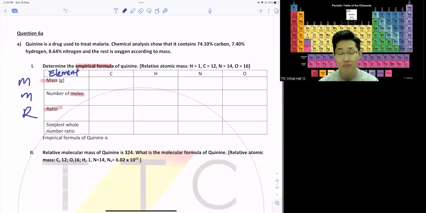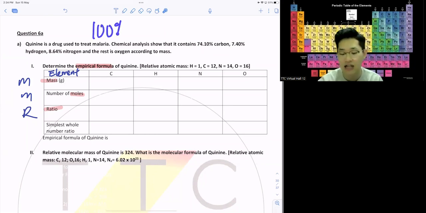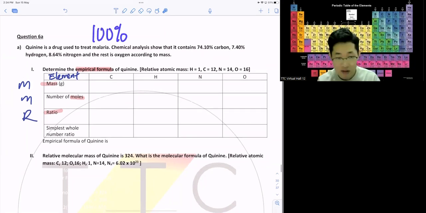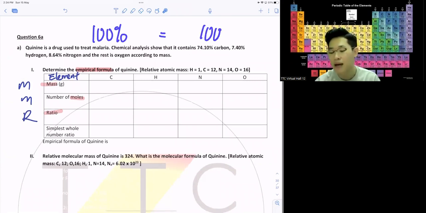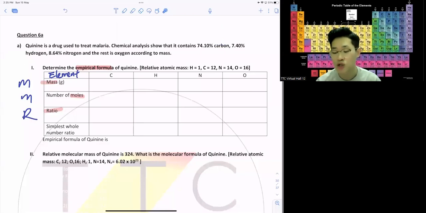So how to find the mass of the substance when they give you percentage? When they give percentage, the total is actually 100 grams, because percentage is 100% in total. That means we can use the percentage straight away as mass.